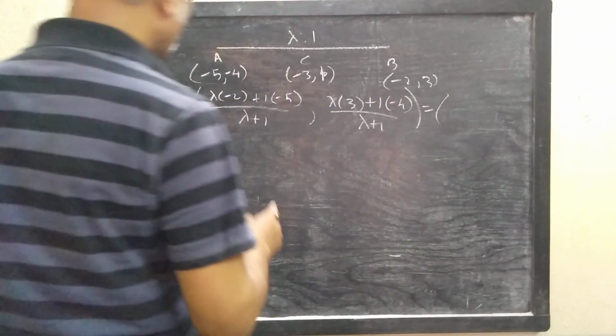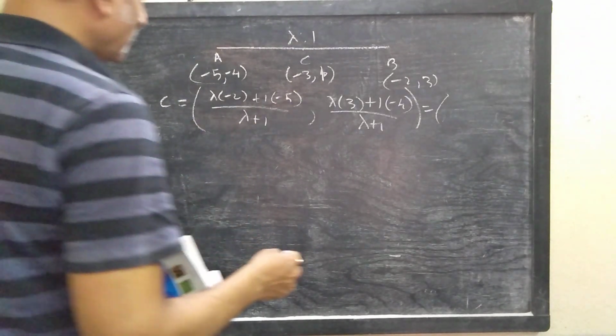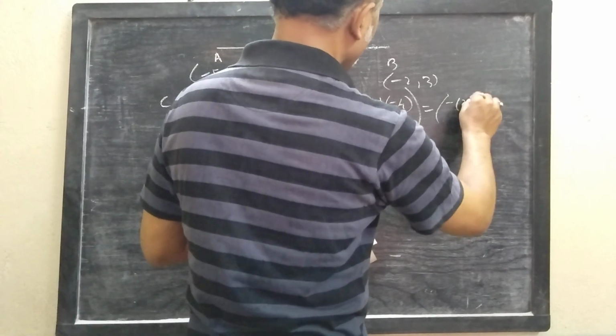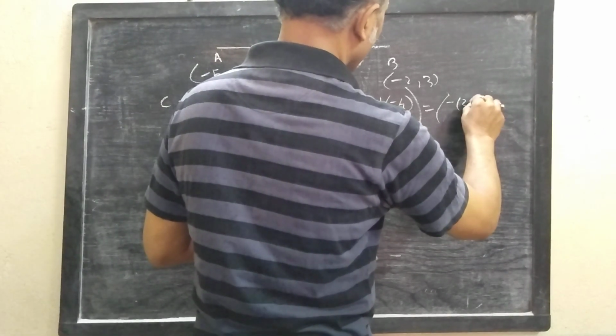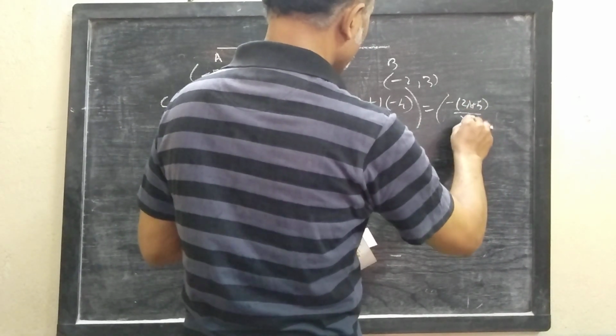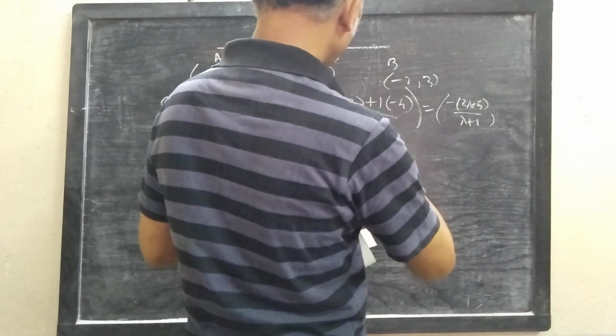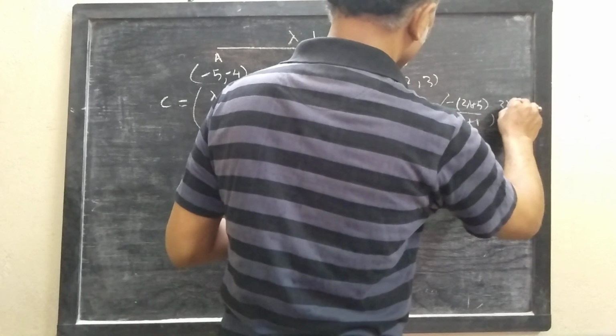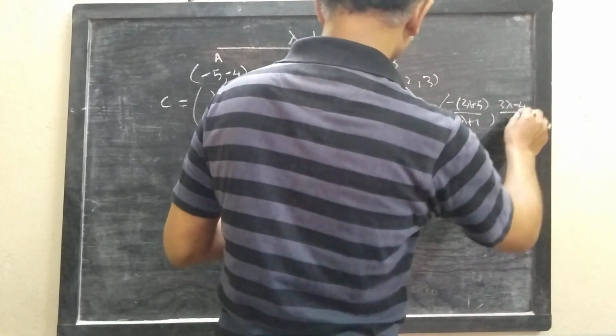This will ultimately become, if we take minus common, minus 2 lambda plus 5 by lambda plus 1 comma 3 lambda minus 4 by lambda plus 1.